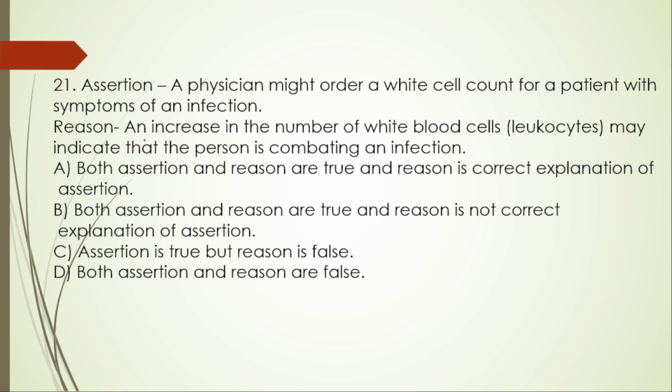Reason: an increase in the number of white blood cells may indicate that the person is combating an infection. So this one is right. Both assertion and reason are true, and the reason is the right explanation of the assertion. So the correct option for 21 is A.